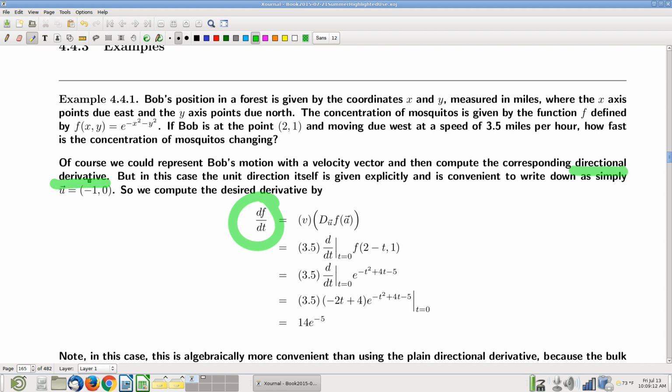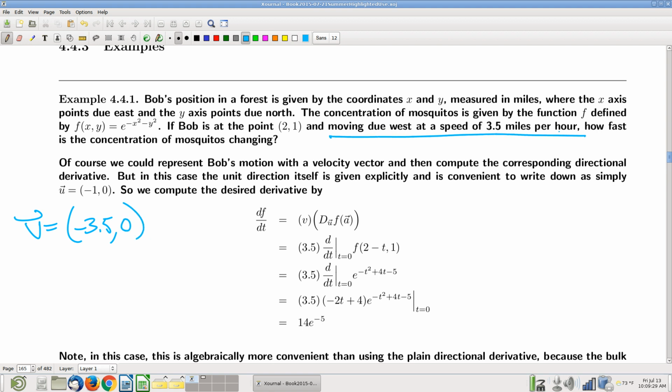Let me show you how to use the unit directional derivative to do that instead, and that is to take the velocity. Our velocity was (-3.5, 0). That's due west at 3.5 miles an hour, which we're rewriting here as 3.5 times (-1, 0).